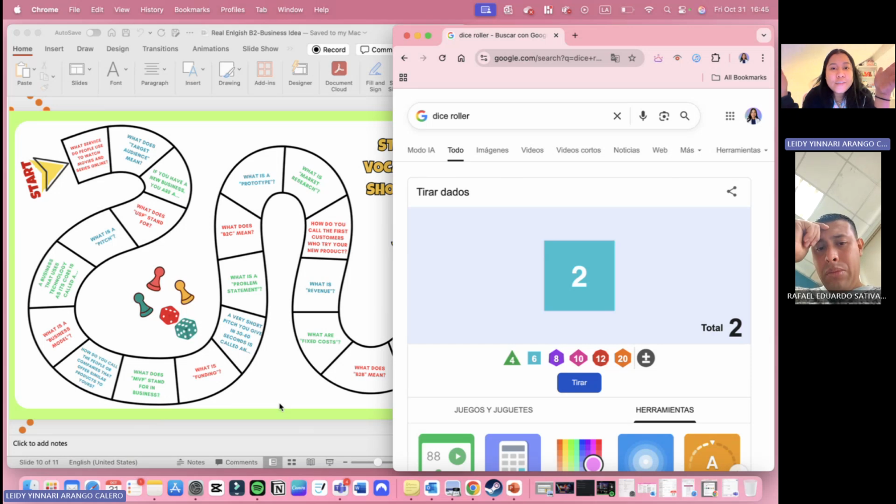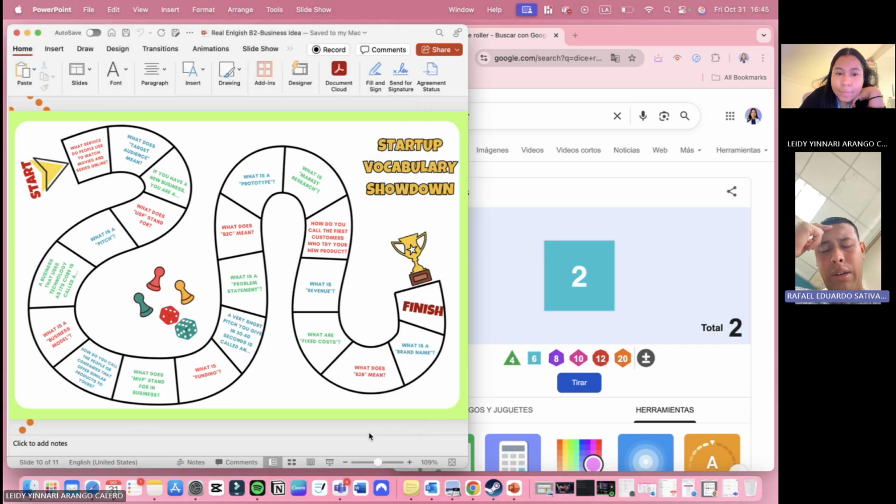It is the resources that either a person or a company uses to create a product or service. ¿Qué significaría entonces funding? Funding son los recursos de los cuales la persona utilizaría para crear o desarrollar el servicio o crear un producto. Okay.